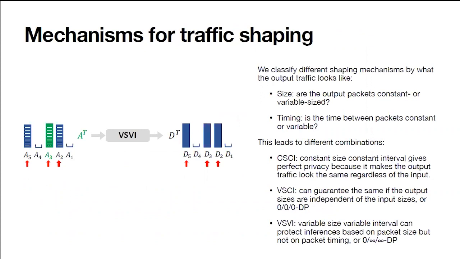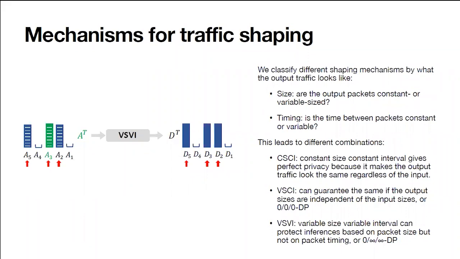So we tried to do a sort of systematic study of the different types of shaping mechanisms. One thing you could do, for example, is just uniformize the output. Whatever you had, just send a packet every slot or every other slot, and the same size.